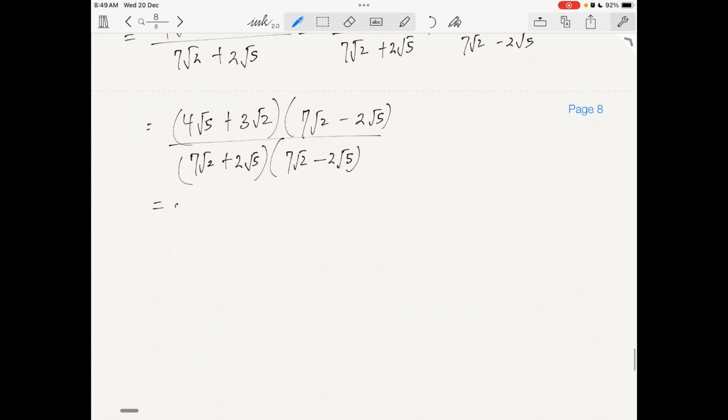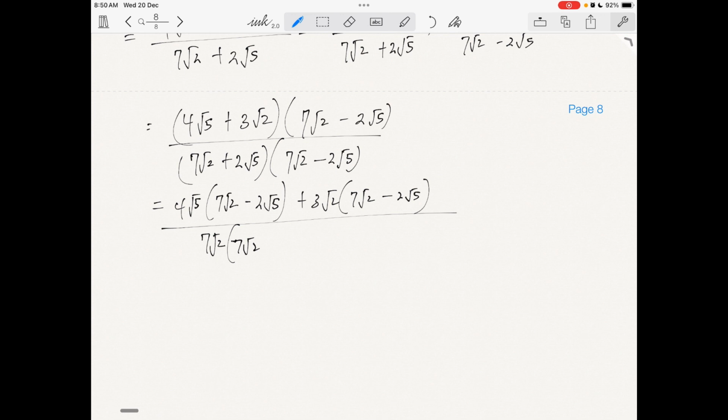So we have 4 root 5 multiplied by 7 root 2 minus 2 root 5, plus 3 root 2 into 7 root 2 minus 2 root 5, divided by 7 root 2 into 7 root 2 minus 2 root 5, plus 2 root 5 into 7 root 2 minus 2 root 5.